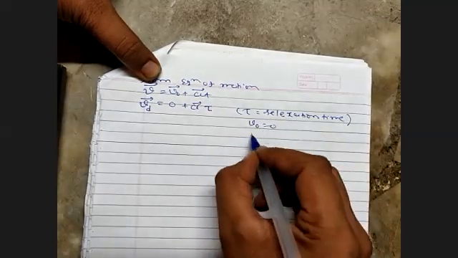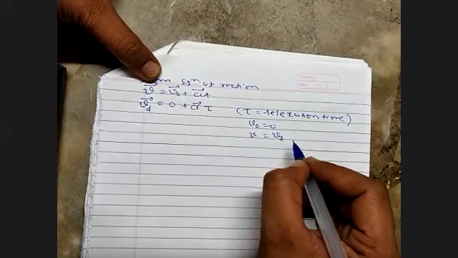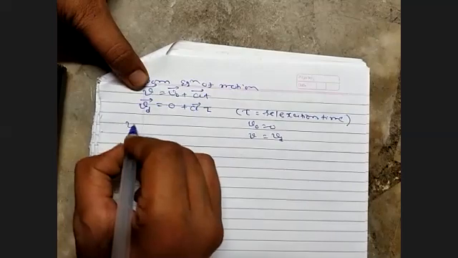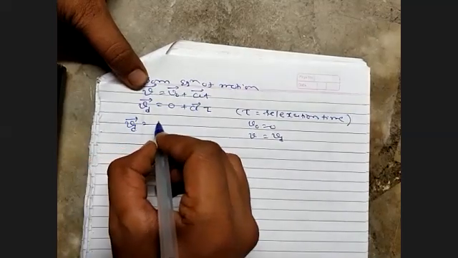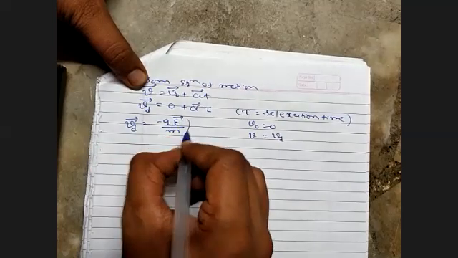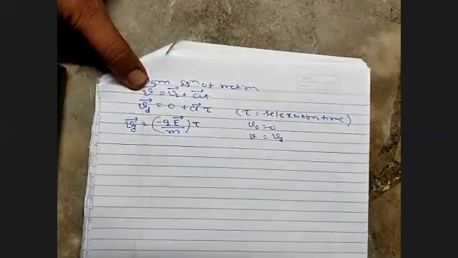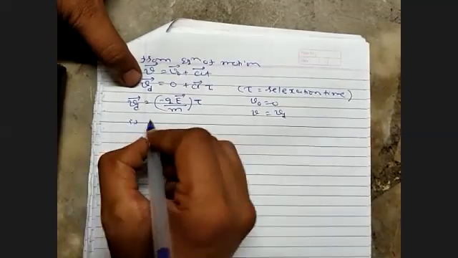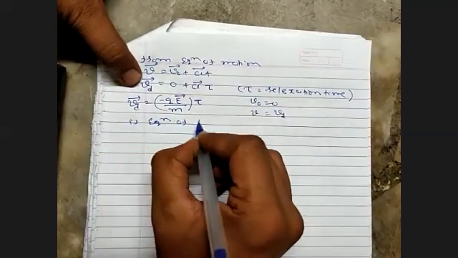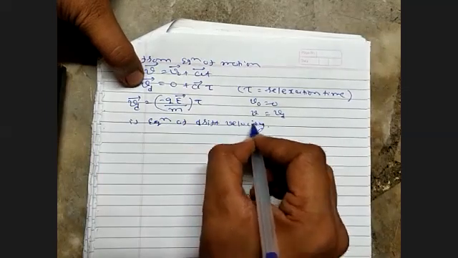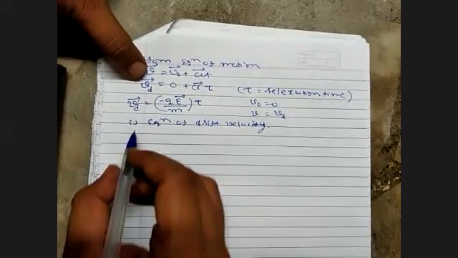Initial velocity is 0, and final velocity becomes the drift velocity. Now the value of a is minus QE upon m in vector notation, and there is the relaxation time. This equation is the equation of drift velocity.